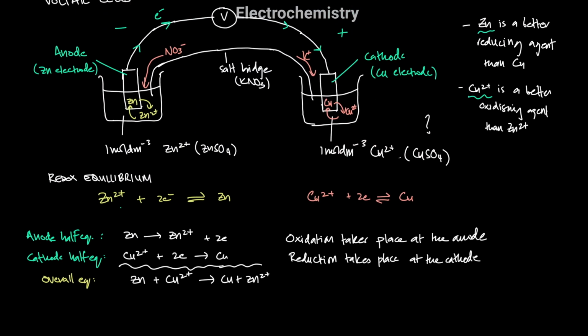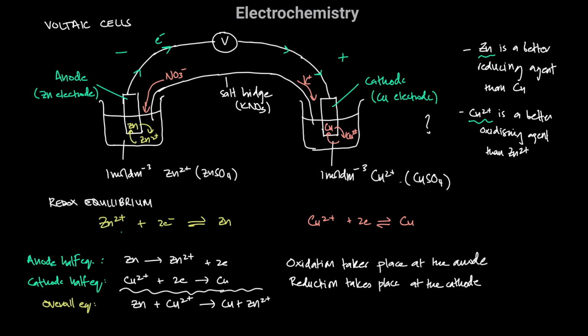Now the reason we use potassium nitrate is because all potassium salts are soluble and all nitrate salts are soluble, right? So nitrate is going here, doesn't matter what cation is present here, nitrate will not form a precipitate with that cation. Similarly, if potassium is going here, towards the cathode, you know that no matter what anion is present, potassium will not form a precipitate.